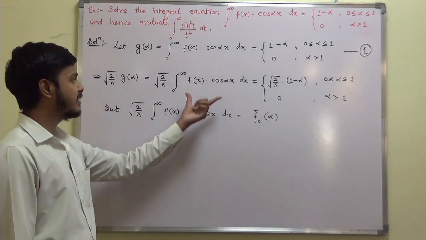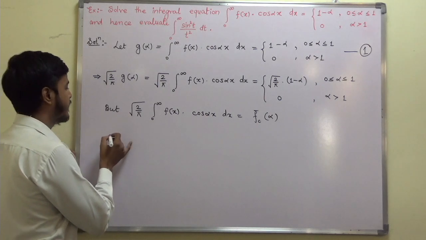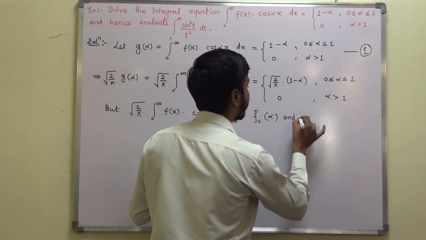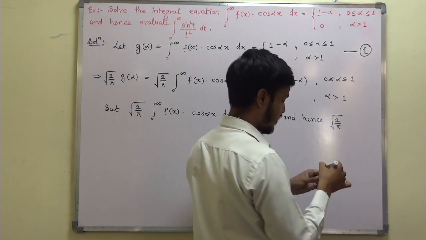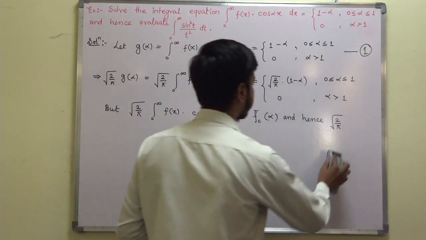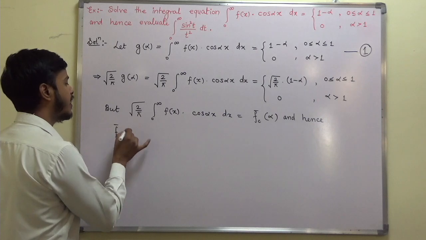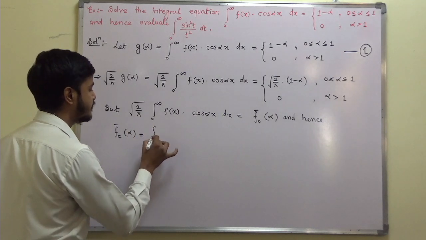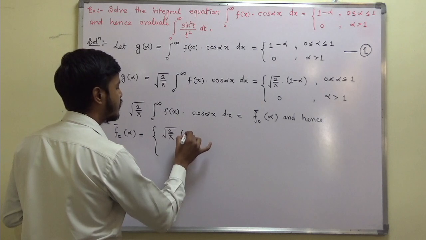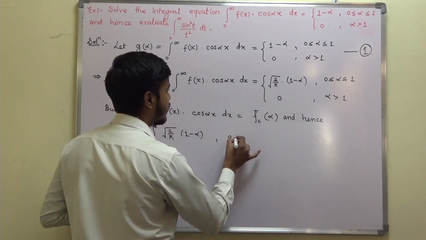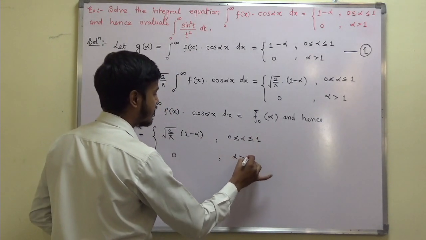I replace this by this, and hence Fc bar of alpha is equal to under root 2 by pi into 1 minus alpha for 0 less than or equal to alpha less than or equal to 1, and 0 for alpha greater than 1.